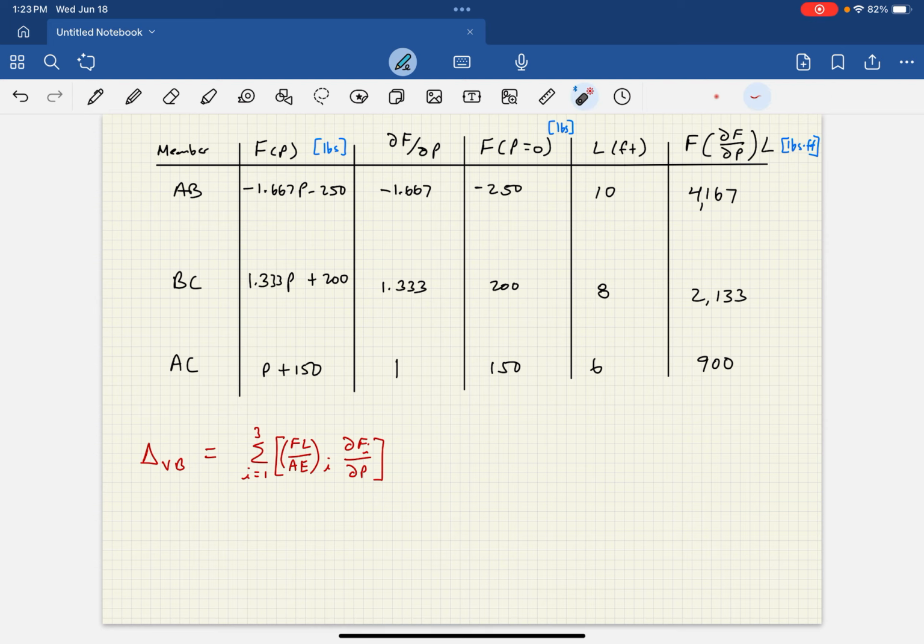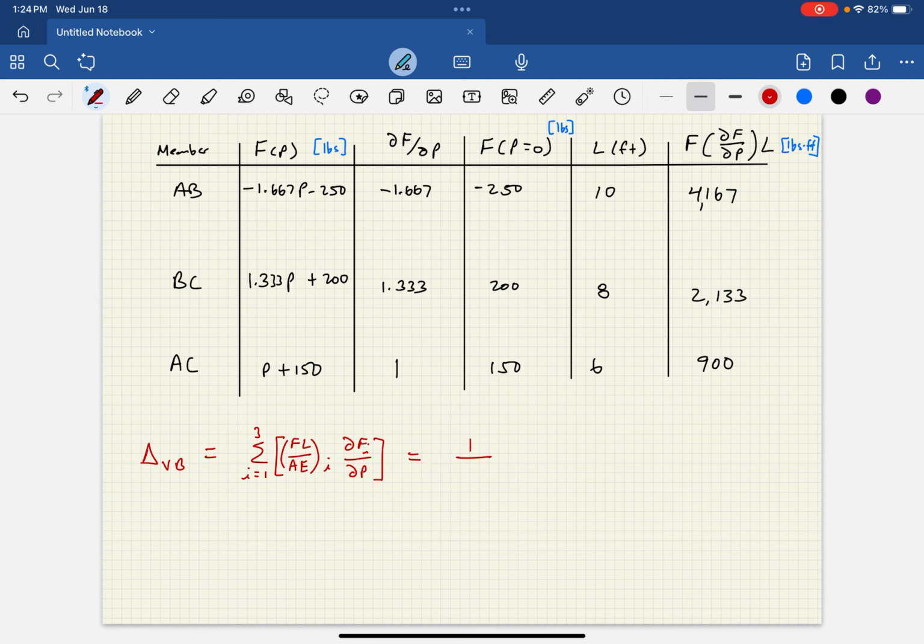And so let me ask you a question. How do we come up with this expression from this table over here? Well, look at what we have here. This F dF dP L, where is that? Well, that's this FL dF dP. And so for our problem, 1 over AE was constant for all members. In fact, the problem statement told us that. So guess what we can do here?